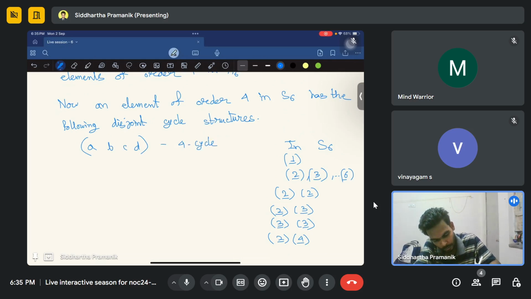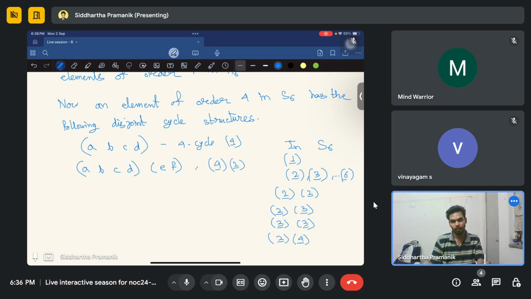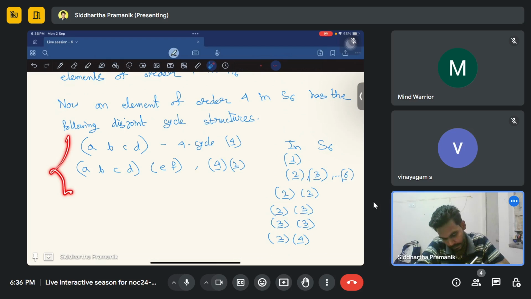Or it can be a product of a 4-cycle and a 2-cycle. So only these two types of cycle structures have order 4 in S6.